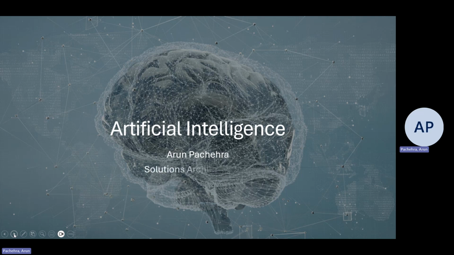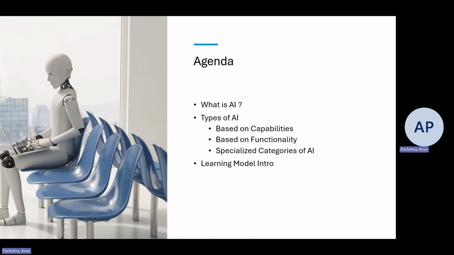And we'll start with our agenda. Let's quickly have a peek. What is that? As per our agenda, we are going to understand what artificial intelligence is in very simple layman's terms, and then we'll look at the various types of intelligence so that we can grasp the concept of AI, which will help us in our future studies.